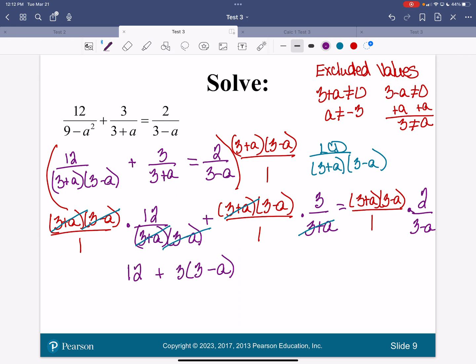Then I've got 3 minus a and 3 minus a, so I'm going to have equals 2 times 3 plus a. Do we know how to solve this? We do.